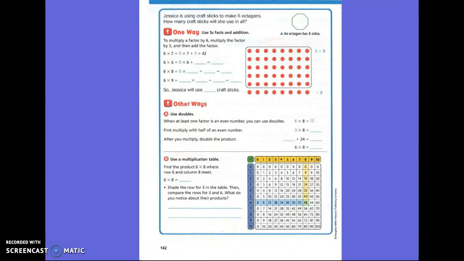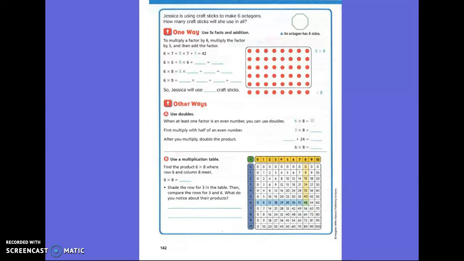Okay, the next page. Another way to do multiplication with 6 and 3 is by using 5 stacks, okay? Doing 5 instead. We can multiply with 5 instead when we're trying to find 6.